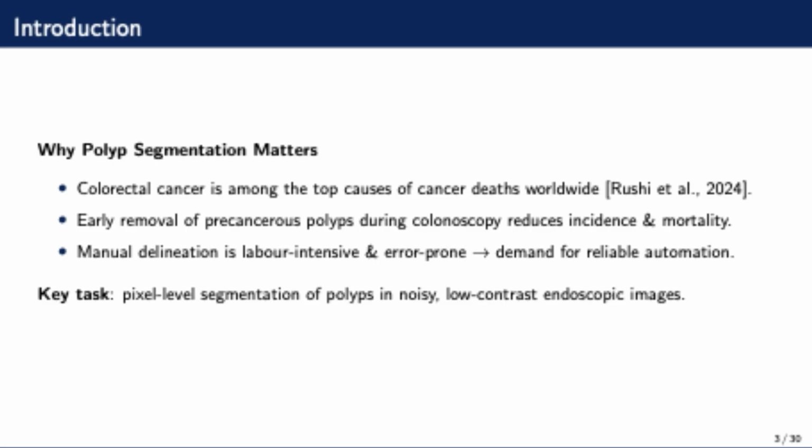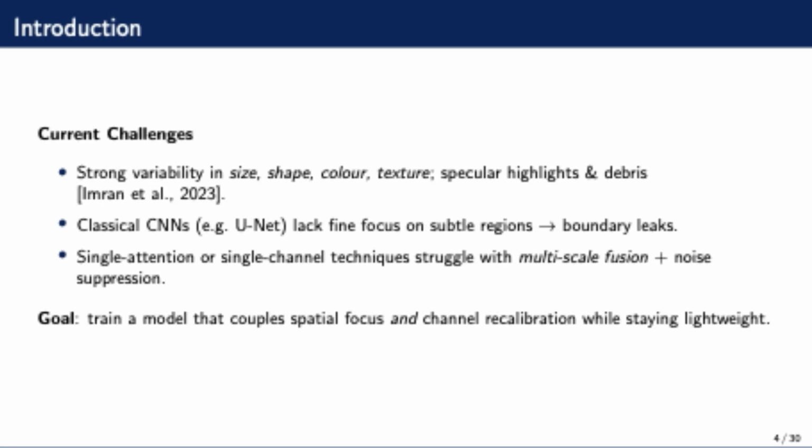As we all know, colon cancer is still a severe disease worldwide. Hence early stage polyp detection is very crucial. And manually detecting polyps is time consuming and sometimes causes human error.